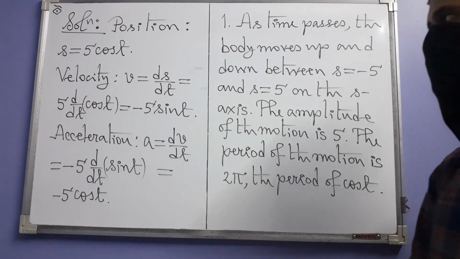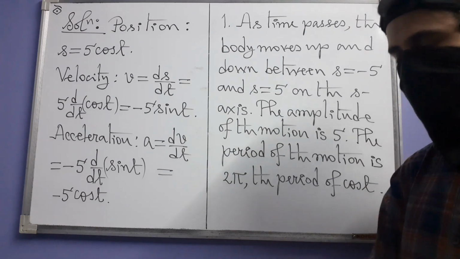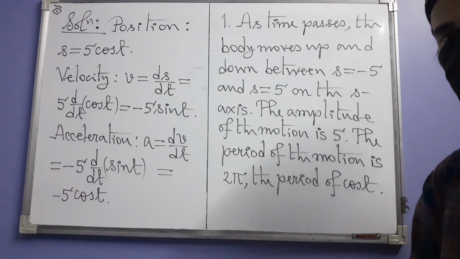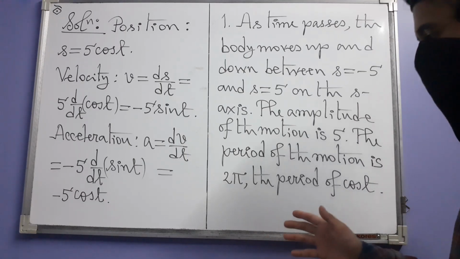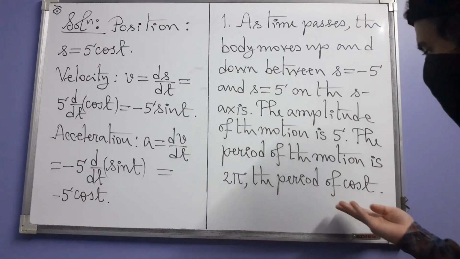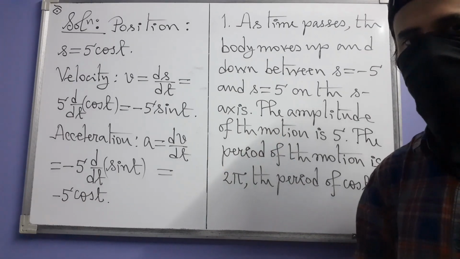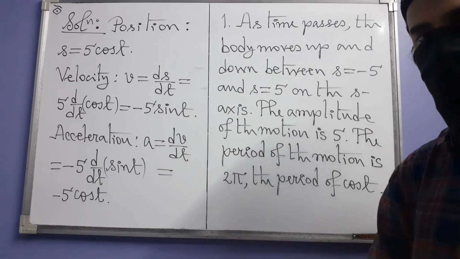Now, if you want to see that in the figure, let me show you again exactly why the period is 2 pi. Not simply just mathematically saying that because the period of cos t is 2 pi, that is also the period of the body. Let us also see physically why that is the case.